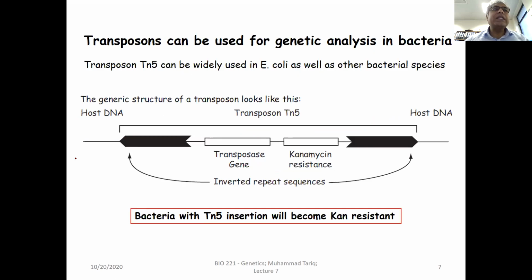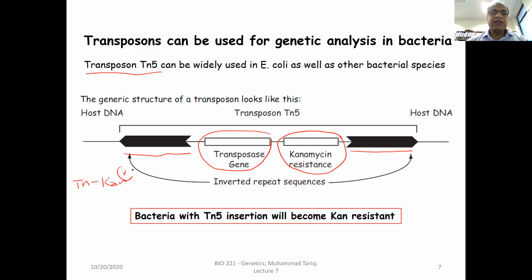Here you see a Tn5 transposon, which contains a kanamycin resistance gene as well as a transposase gene, and then you have these inverted repeat sequences. Any bacteria which harbors Tn5 transposon will be kanamycin resistant.